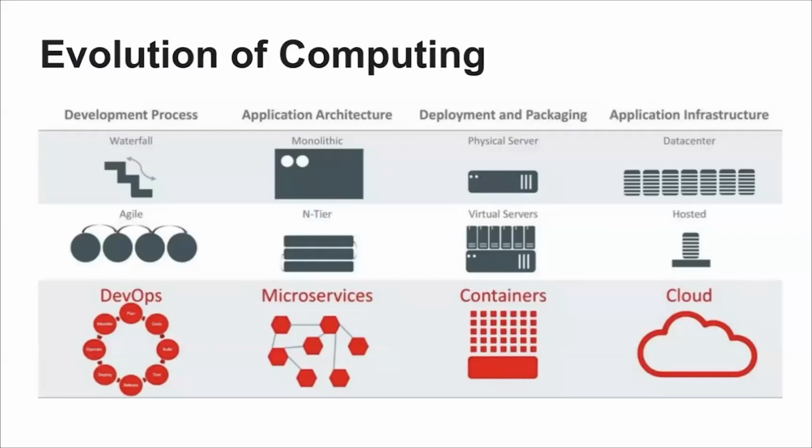People used to deploy this monolithic application on physical servers, and they were managing this tedious task in data center physical servers and everything. So it is hard to manage and do releases for monolithic applications. Then people adopted the agile development process.